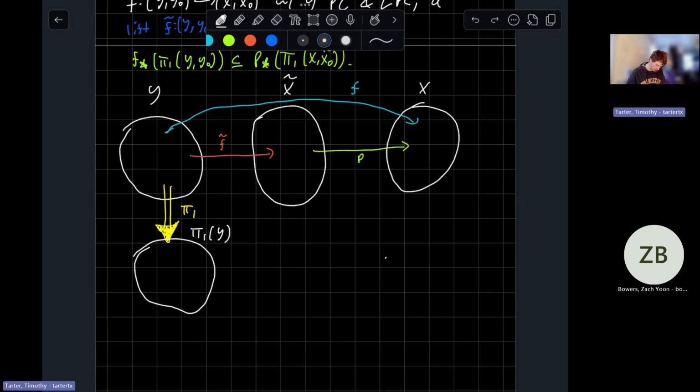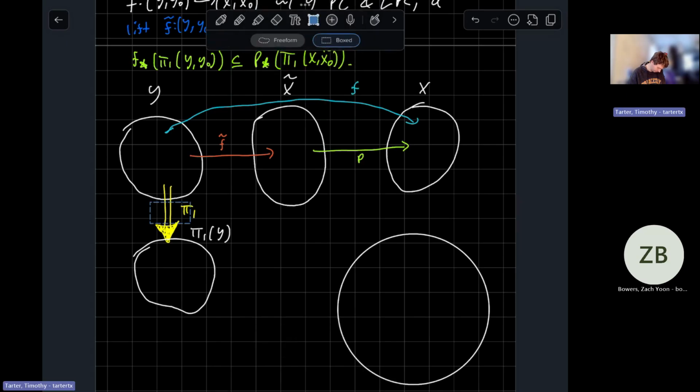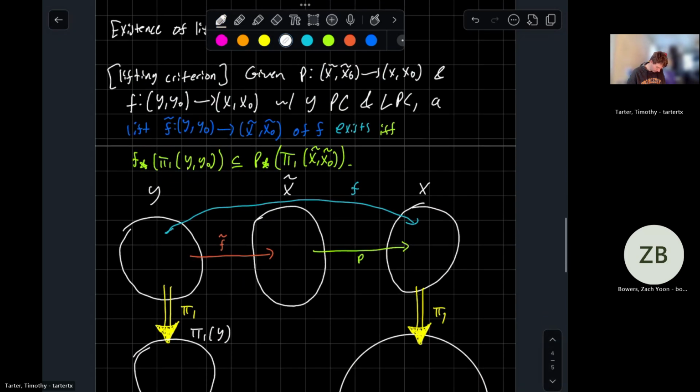So that if we have the same functorial thing going on, what's P star?